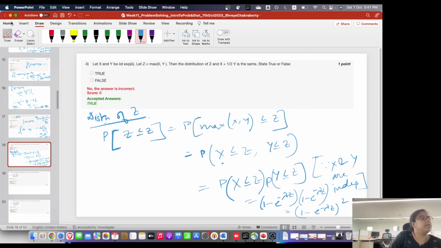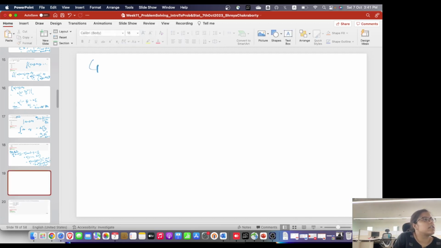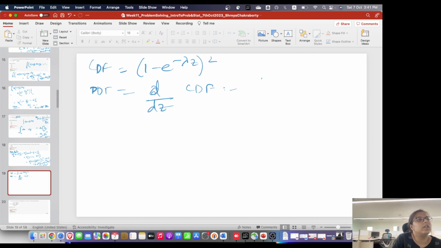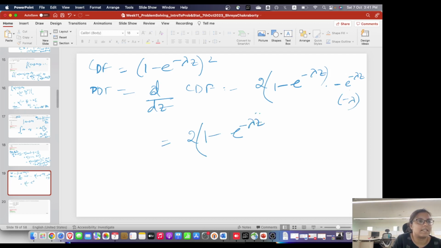So then the PDF will be the derivative of the CDF with respect to z. The CDF is (1 minus e to the power minus lambda z) whole squared. So the PDF is 2(1 minus e to the power minus lambda z) times (minus e to the power minus lambda z times minus lambda), which equals 2(1 minus e to the power minus lambda z) times lambda e to the power minus lambda z.